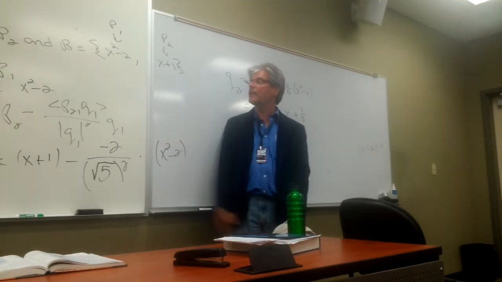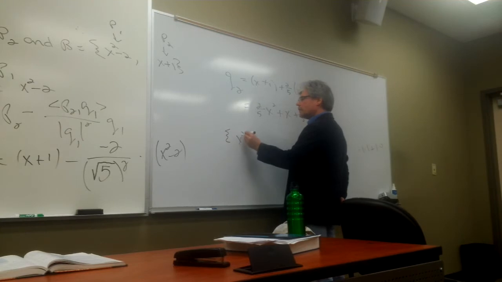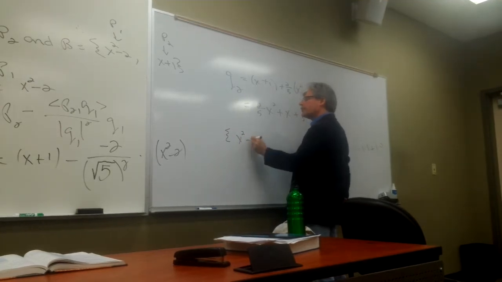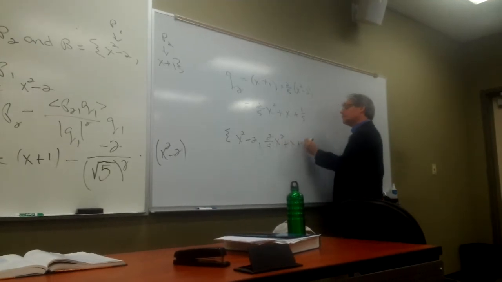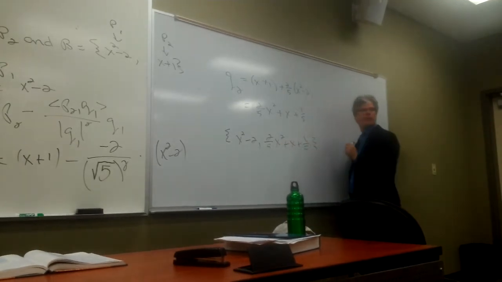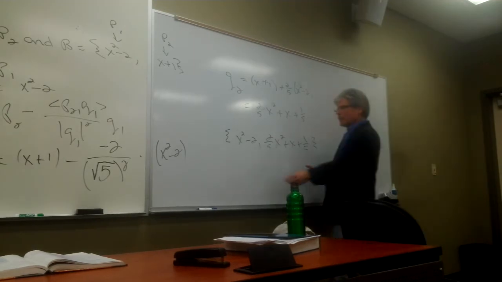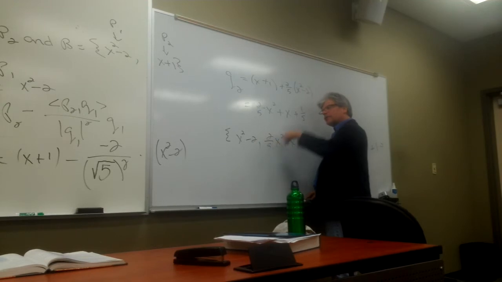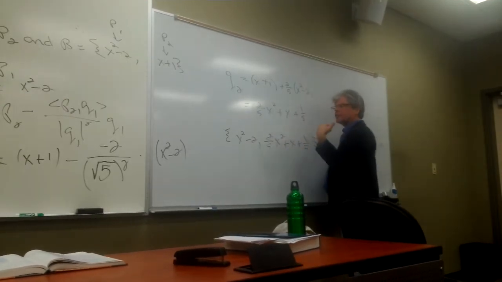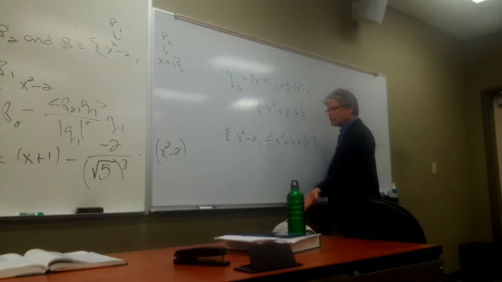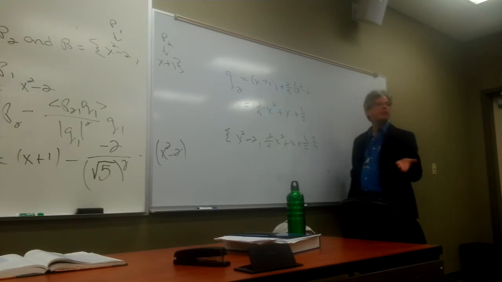Oh, maybe I made a mistake. Maybe this set of Q1 and Q2 is a set of vectors that are not orthogonal. Let's check. Here's the first, here's the second. The coefficient of x squared times the coefficient of x squared is 2/5, plus the coefficient of x times the coefficient of x is 0, plus constant times constant is negative 2/5.